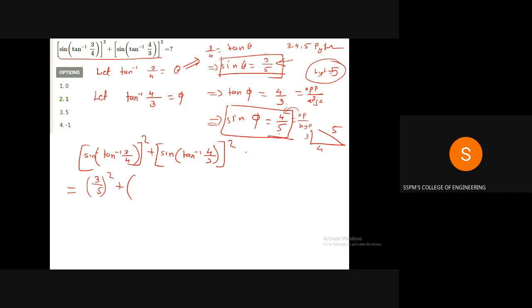It is 4 upon 5, so 4 upon 5 square. That is 9 divided by 25 plus 16 divided by 25, which is equal to 25 divided by 25, equal to 1. So that will be the correct option here.